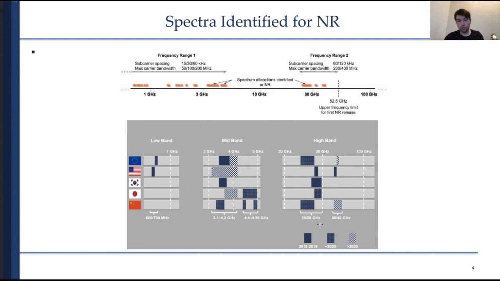The reason for this frequency 26 to 28 being used is because it has something to do with the chemical composition of air, which leads to smaller signal attenuation at those frequencies.